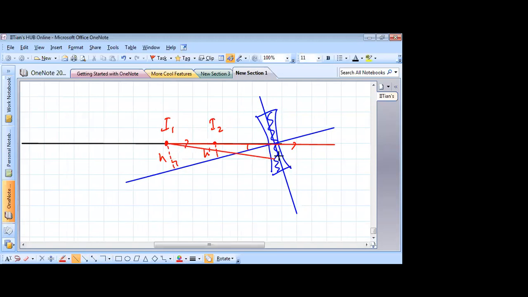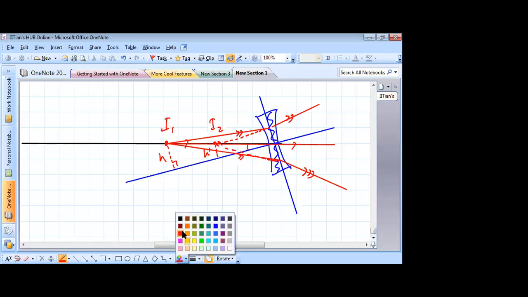And any other ray of light will bend away, such that when you produce these back, they will intersect at this point. So that is why I1 and I2 lie on the same line. The I2 and I1.